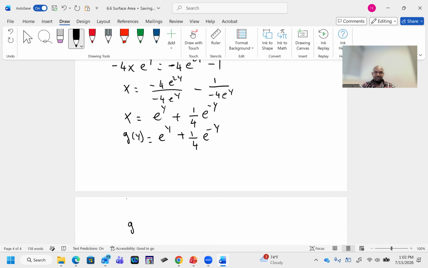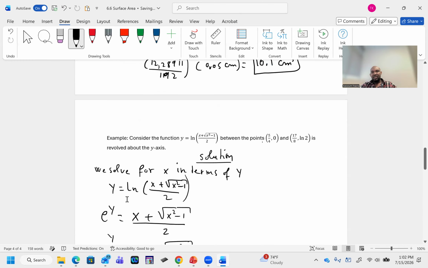G prime of y will be what? E to the power of y minus 1 over 4 e to the power of negative y. On which interval? Because it's in terms of y, the interval will be 0 to ln of 2.